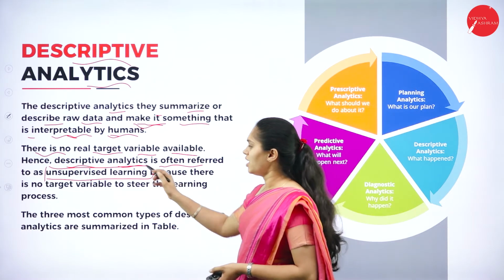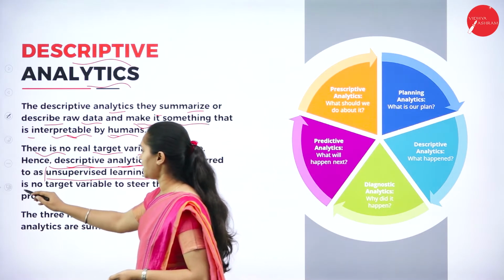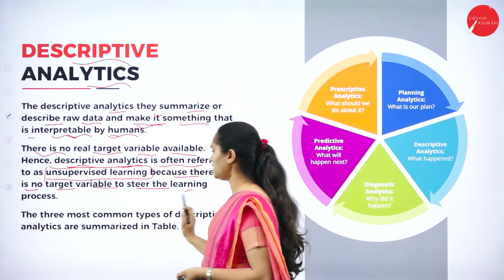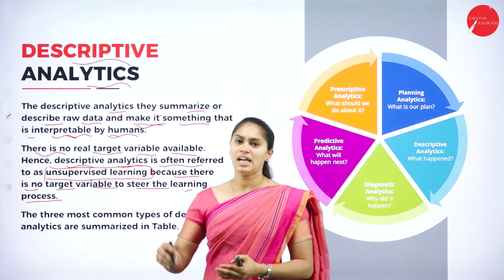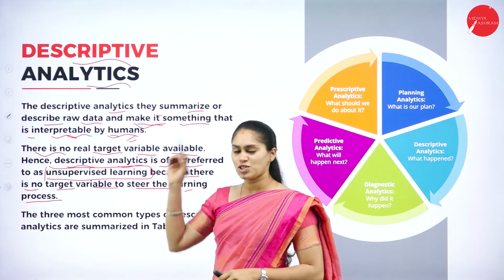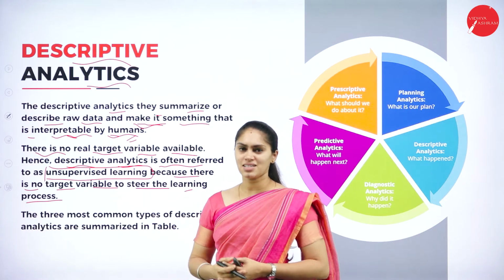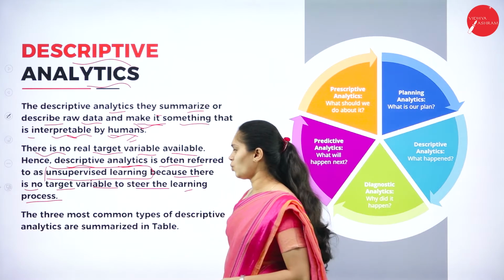There is no target variable to steer the learning process, so we are not going to set any target variable. It is based on the perspective or interpretation of a human. So it is considered unsupervised, because we don't have any target variables.